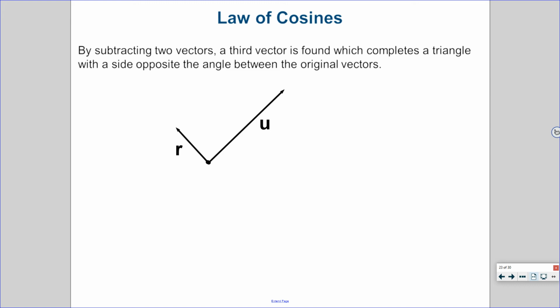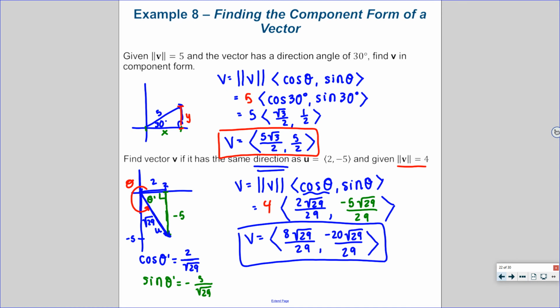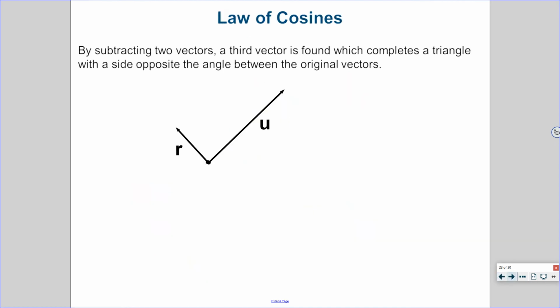I'll show you that in a second. Or we can solve it algebraically by putting things in component form, adding them together if we need to find resultant vectors, or using this formula. We can do it analytically, but this is kind of cool. By subtracting two vectors, a third vector can be found which completes and forms a triangle.